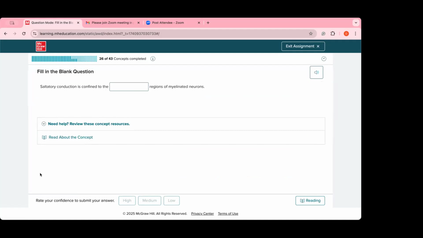Okay, let me see. Saltatory conduction is confined to the... let's see what it says. Saltatory conduction.